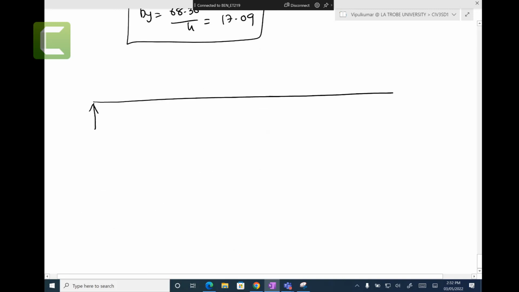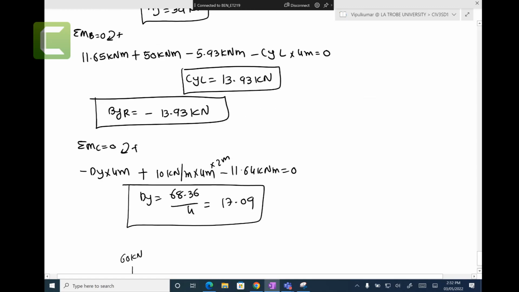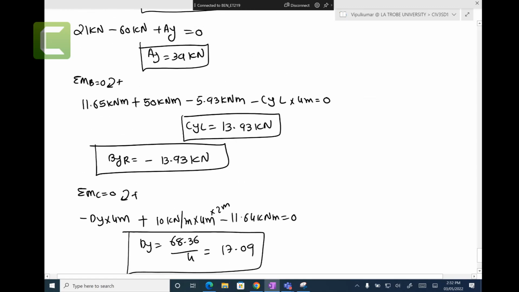AY 39 kilonewtons, 60 kilonewtons here, 2 meters, 2 meters. BY, we need to sum them up.